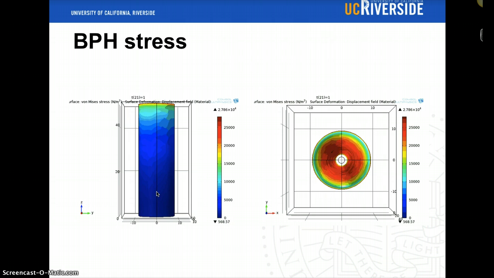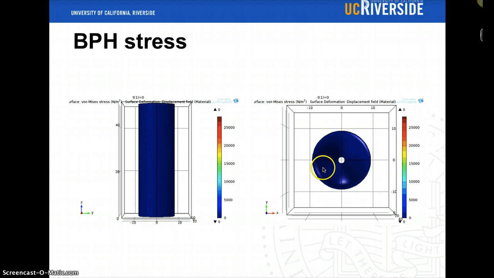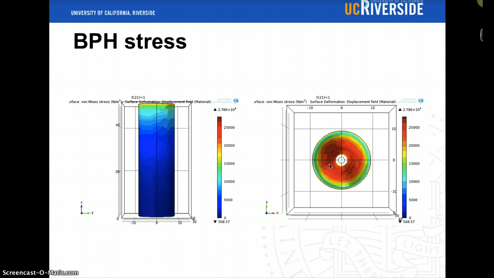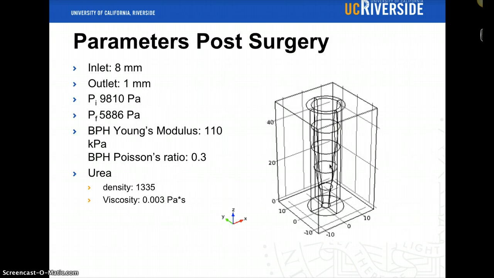You can see right here that there's a lot more stress, a lot more red in the hindered urethra. There is more stress on the urethra and on the tissue itself.